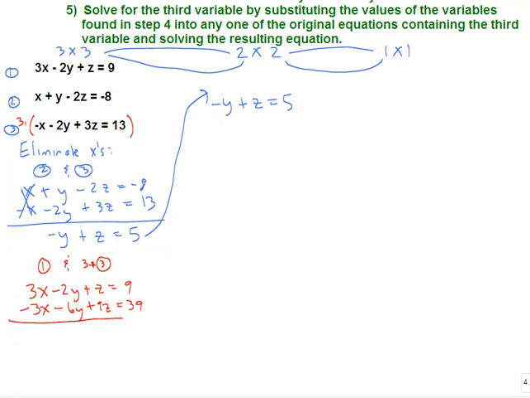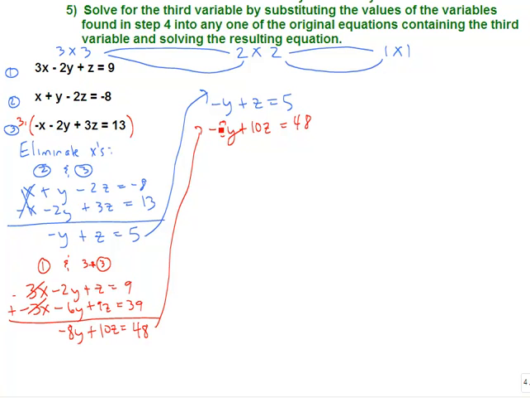Now we should be able to add these down and cancel out my x's. -2y minus 6y is -8y. z plus 9z is 10z. And 9 plus 39 is 48. That now joins my other equation that I got earlier, so I'm going to line it up underneath, and here is now my new 2 by 2 system of equations.